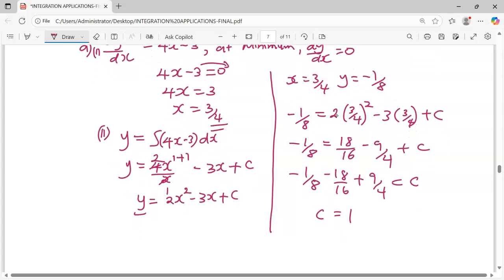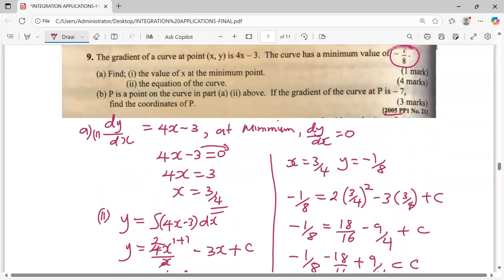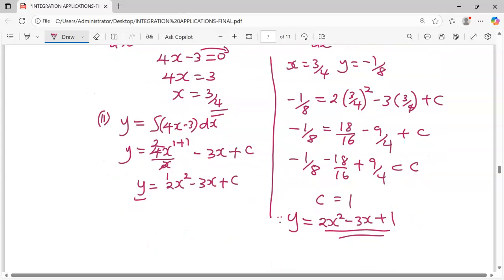Once we have c, we can write the specific equation, where y is equal to 2x squared minus 3x plus c, and the value of c is 1. At this point, we have worked out part A, Roman 1 and Roman 2. Then we move to part B of the question.